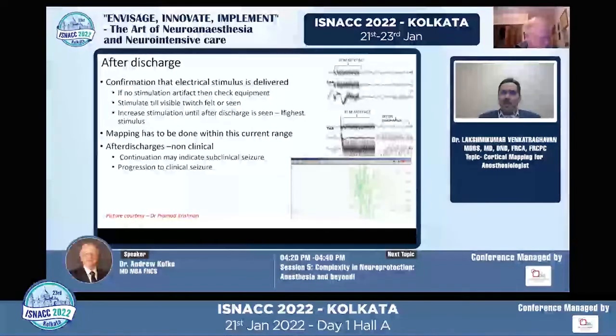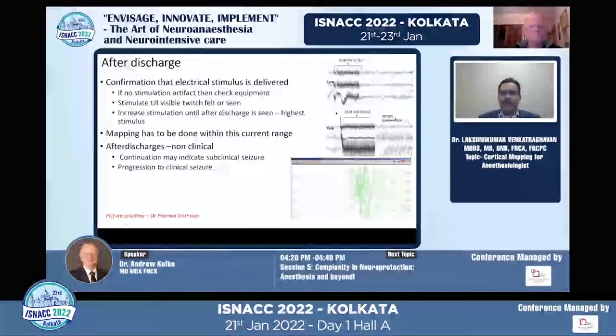We also need to look for the presence of after discharges. So we increase the stimulation until the after discharge is seen, and that is considered the highest stimulus. For example, here at 3 milliamps there is no after discharge, whereas at 7 milliamps there is an after discharge. So the stimulation mapping should be done within these two current ranges.